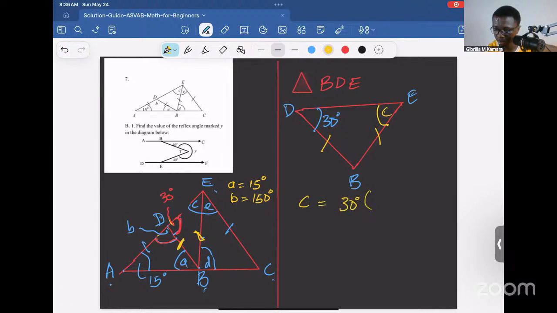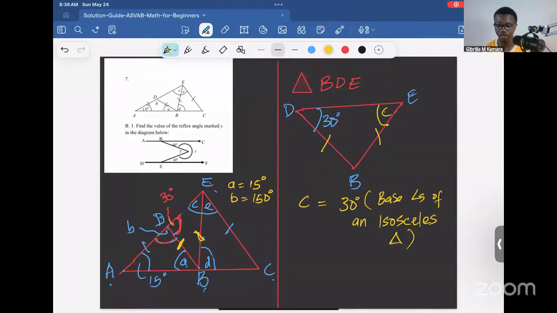You say base angles of an isosceles triangle are equal. Okay? So the base angles of an isosceles triangle are equal. Easy.